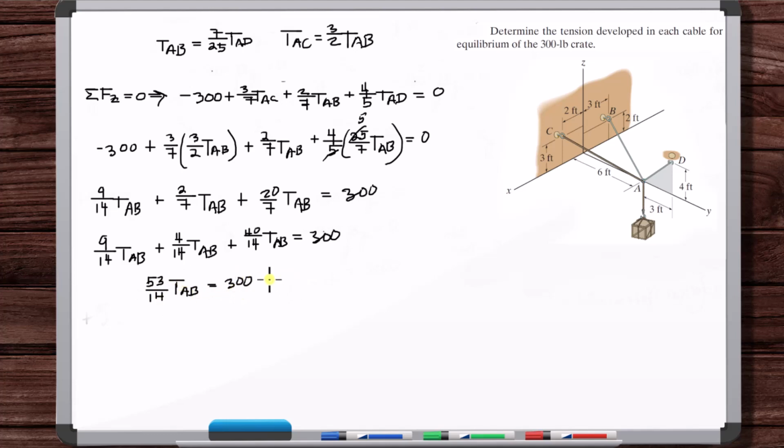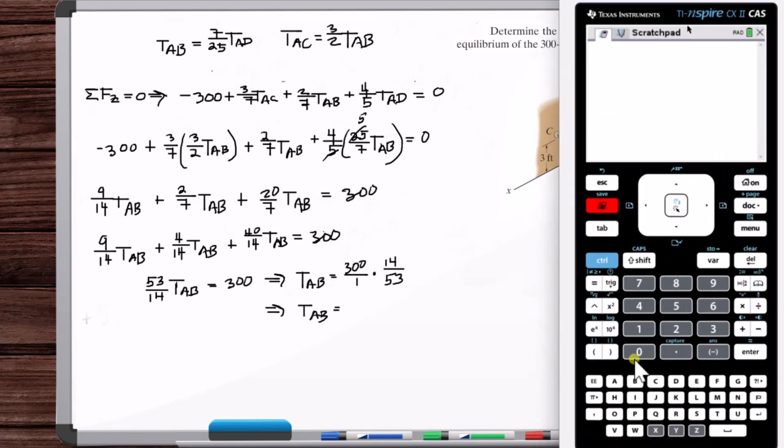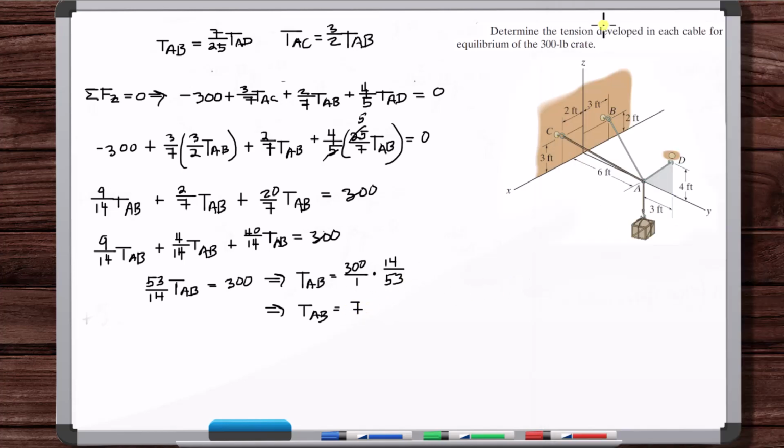Okay, so TAB is equal to 79.2, and this is pounds.